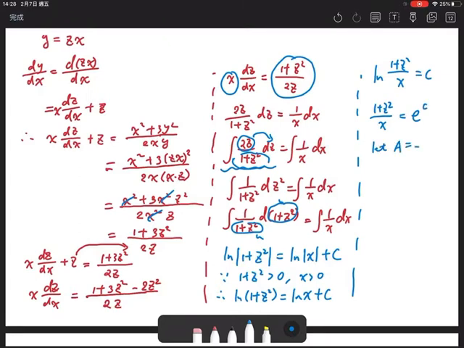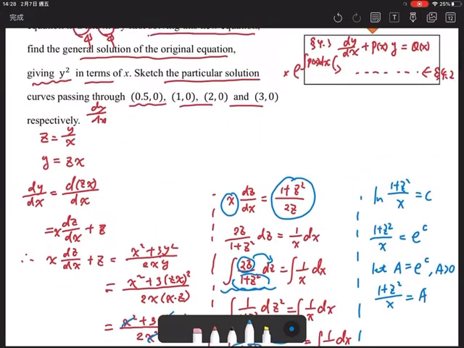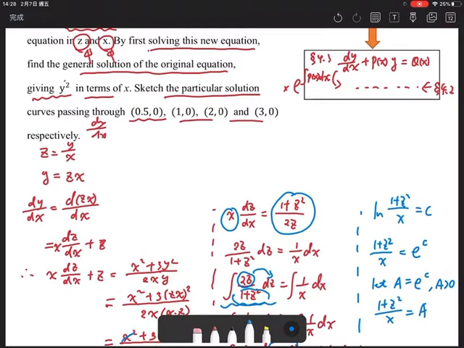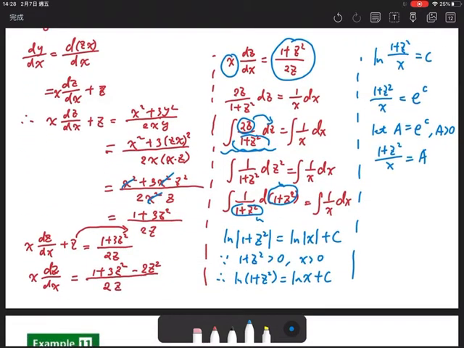So you can let a be e to the power of c, so a is greater than 0, so it becomes 1 plus z squared over x equals a constant a. And finally, because the question requires us to give the answer in terms of y squared and x, now we should replace z in terms of x and y.